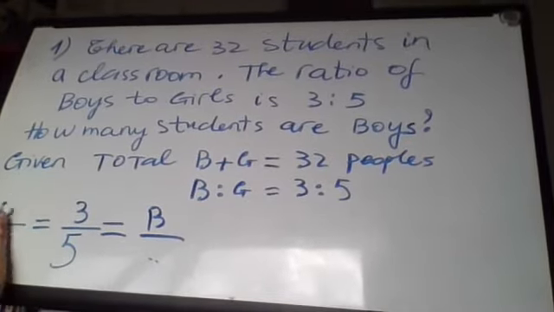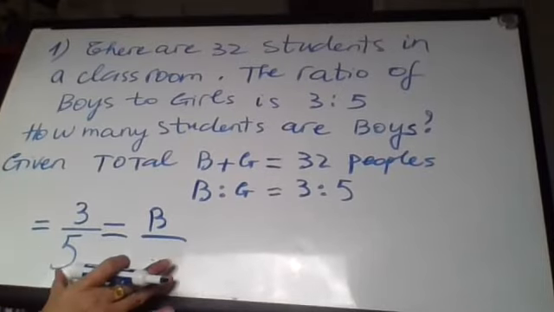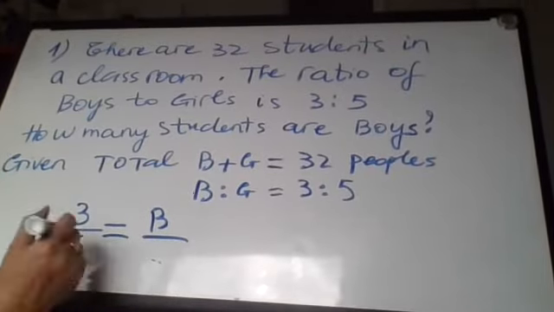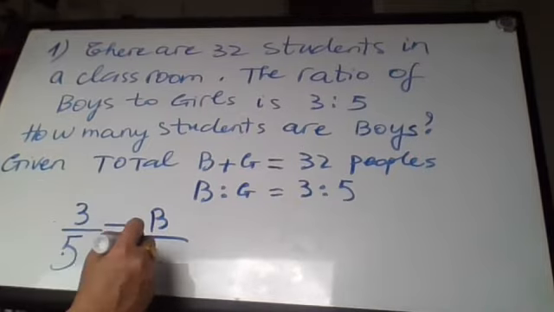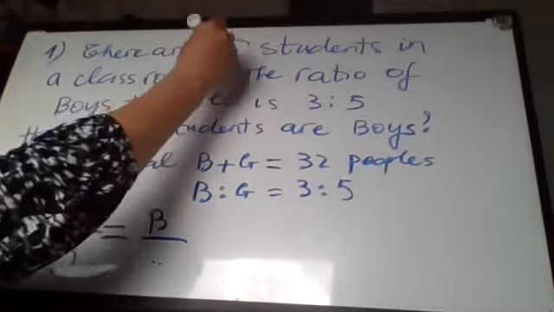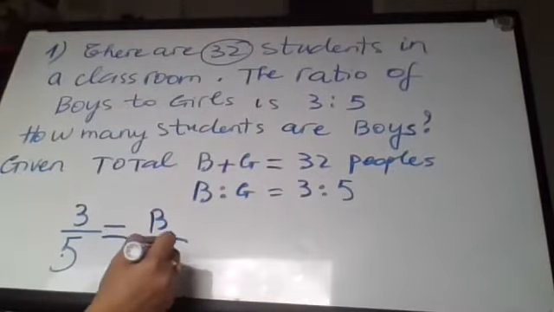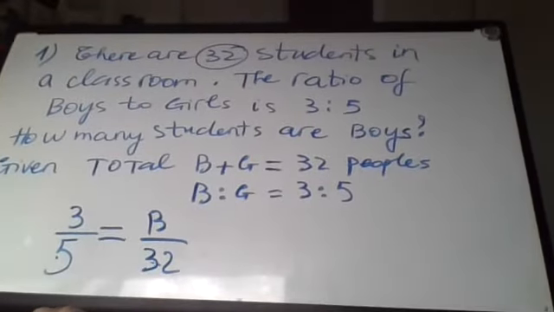If we set up two equivalent fractions, we need to have 3 numbers. So we have number 3 and number 5, and the only number we know is 32. So we can set the 32 down here.